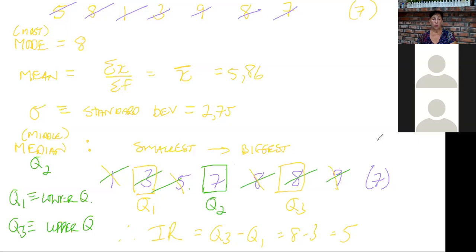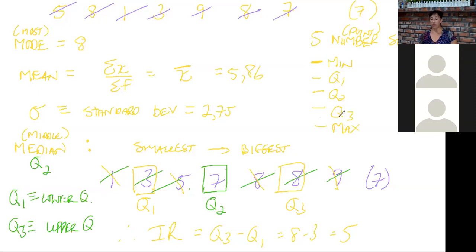All right, now this also brings us to the 5-number summary. 5-number summary or 5-point summary consists of the minimum, the maximum, and then Q1, Q2, Q3.